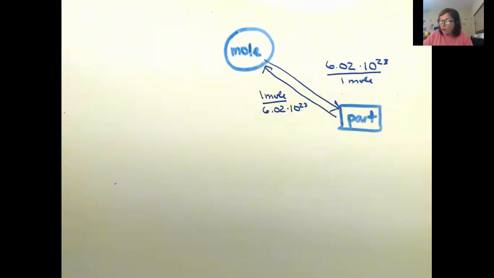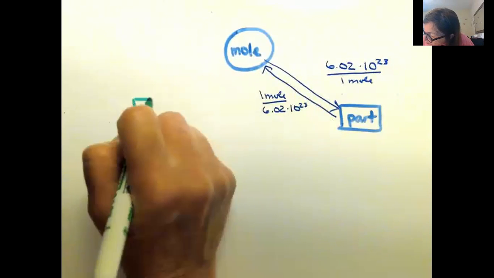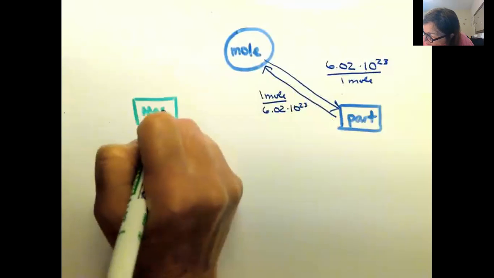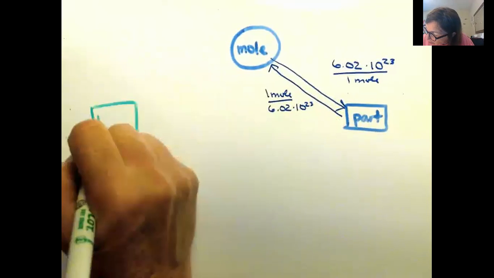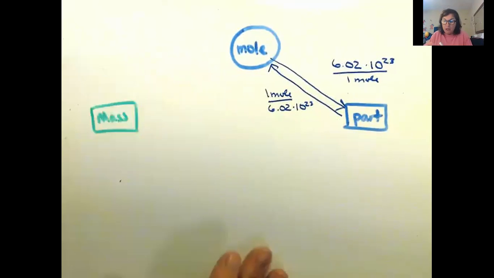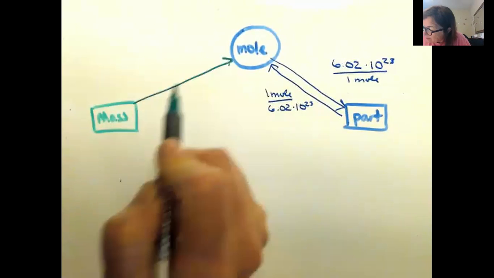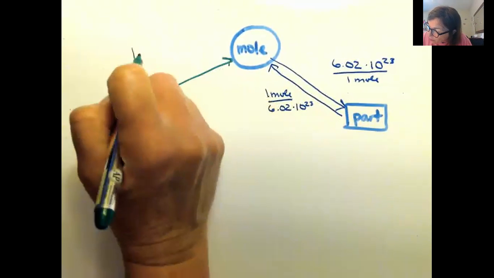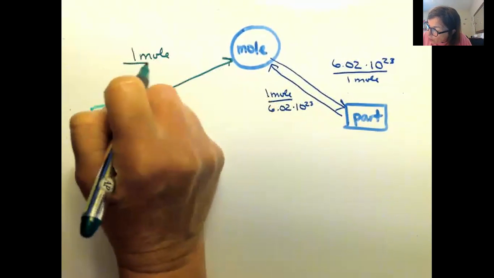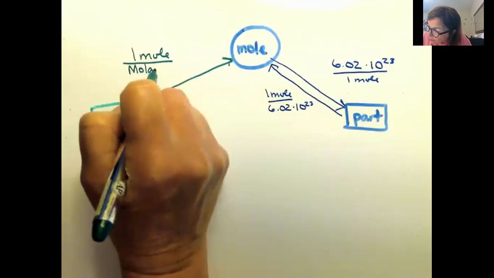But now we're going to go from moles to mass. And that's grams, by the way. Let me write it down a little further. Mass over here. Okay, so now when I go between moles and mass, whatever I'm going to goes on top. 1 mole over the molar mass of whatever I'm looking for.